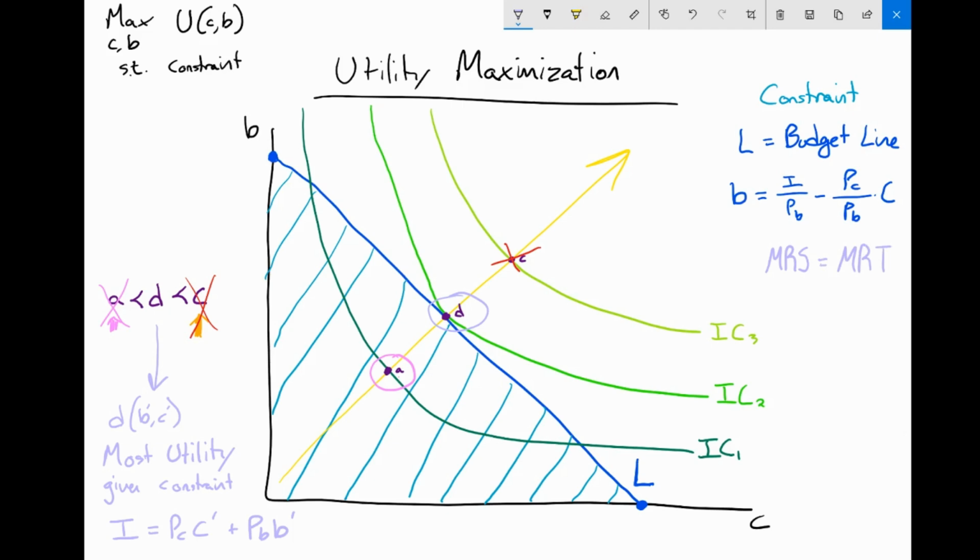Now remember the slopes of these two. The marginal rate of substitution is the marginal utility of coffee divided by the marginal utility of bagels. And the marginal rate of transformation, MRT, is equal to the price of coffee divided by the price of bagels.